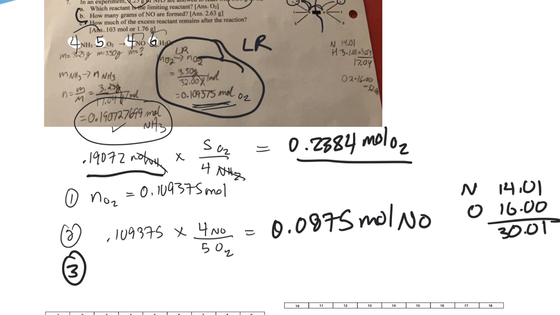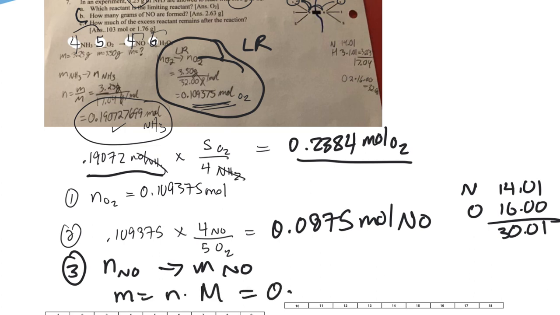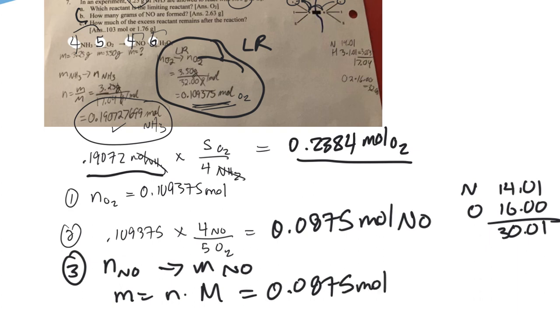So I need to go from moles of NO to mass of NO. So mass is equal to moles times molar mass. So 0.0875 moles of NO times molar mass of nitrogen oxide, in grams per mole.